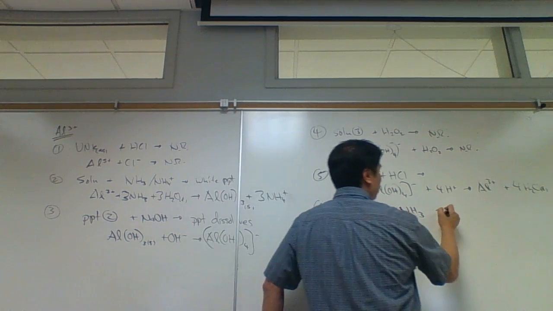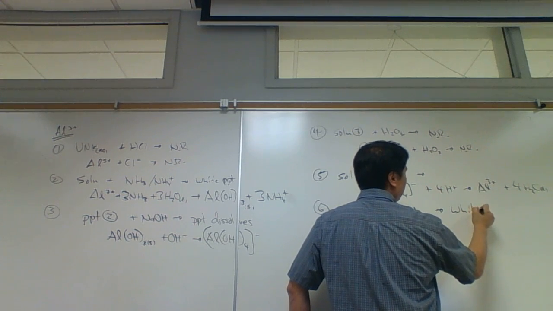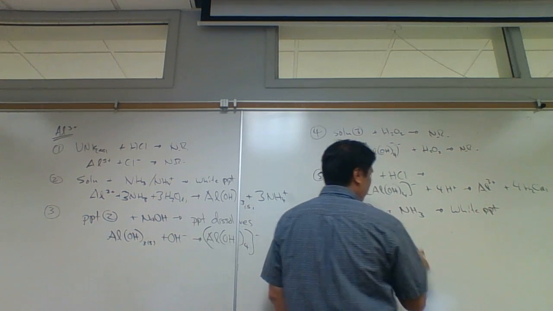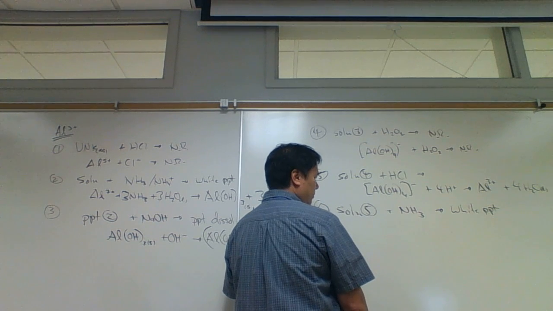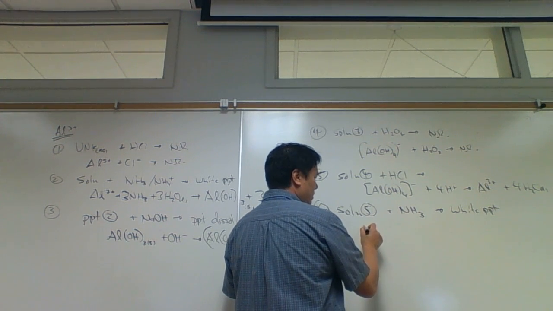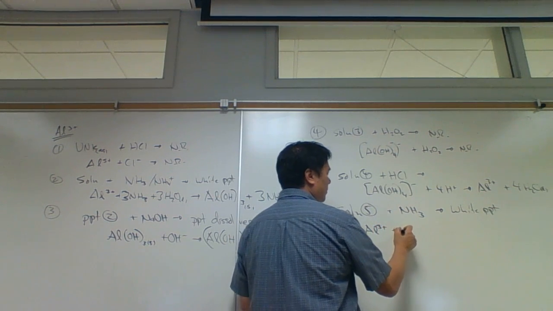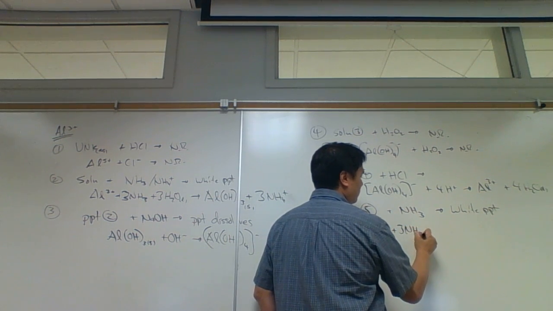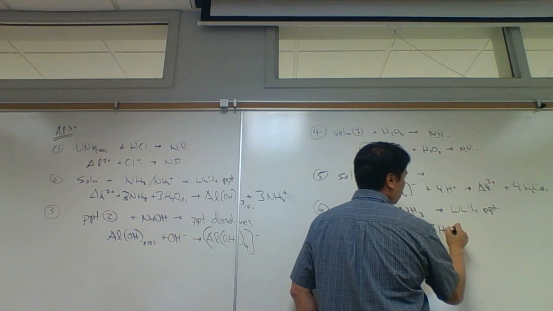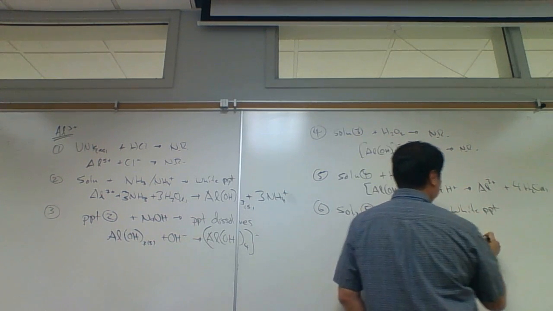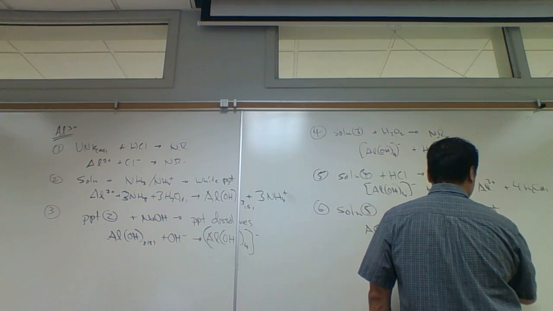Straight ammonia. And then we should get a white PPT. We don't have to worry about the buffer because there shouldn't be a bunch of other plus 2 cations in there. We should have gotten rid of those. So this is going to be Al3 plus 3 ammonias plus 3 waters yields aluminum hydroxide.